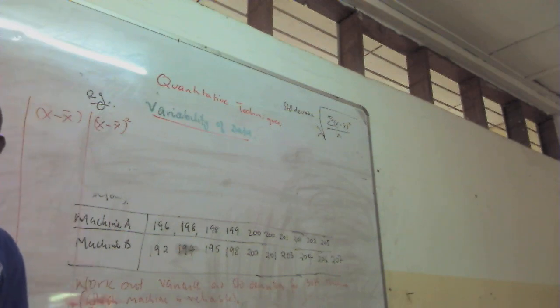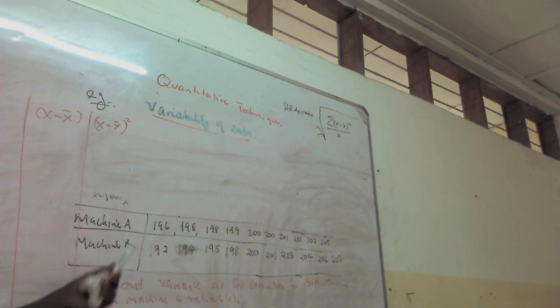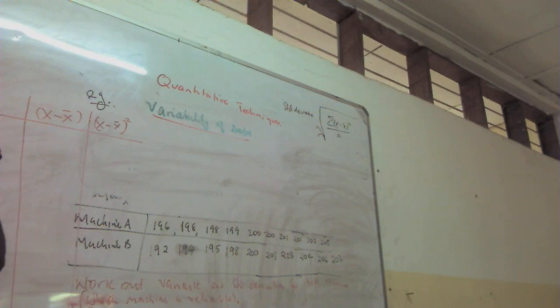You do both machines, A and B, and find the standard deviation. Machine A: 196, 198, 198, 199, 200, 200, 201, 190, 202, 205.